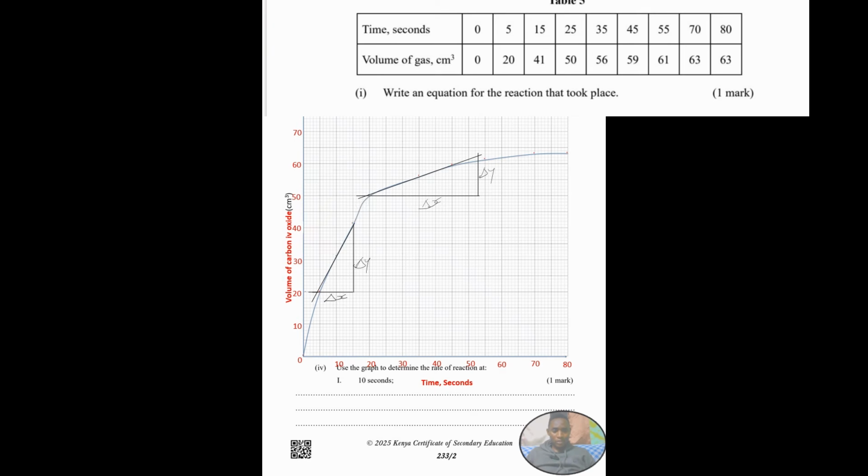At this point, I'm going to take a ruler and draw a tangent that touches that point, 10 seconds. Once I have a tangent, I'm going to look for 2 points.